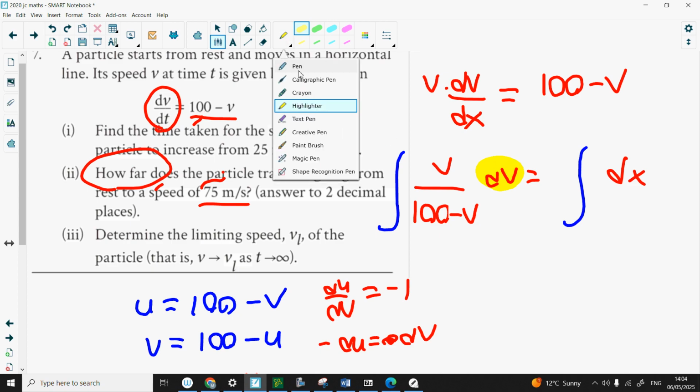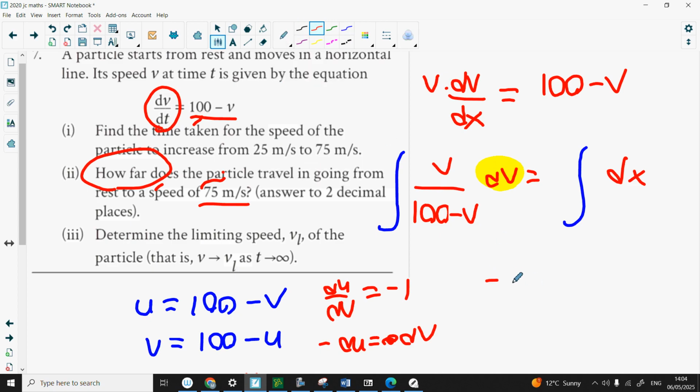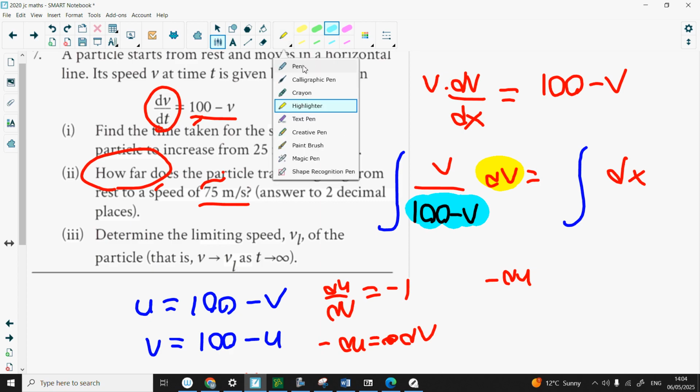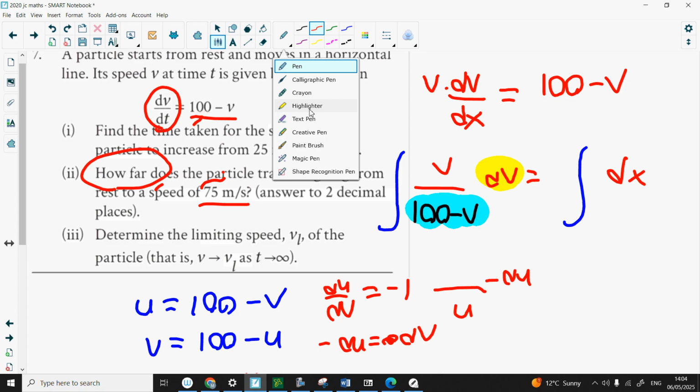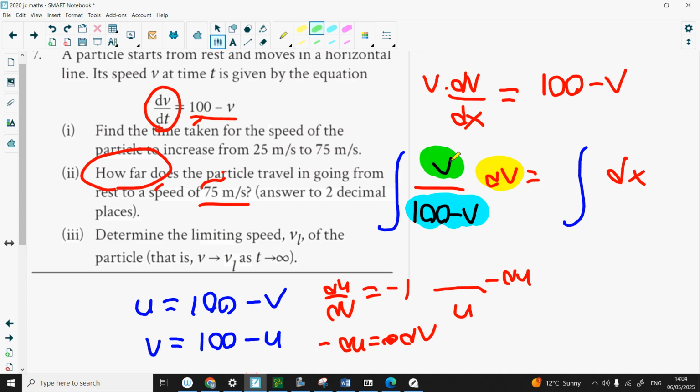What am I replacing this with? Minus du. What am I replacing this with? u. What am I replacing this with? 100 take away u.